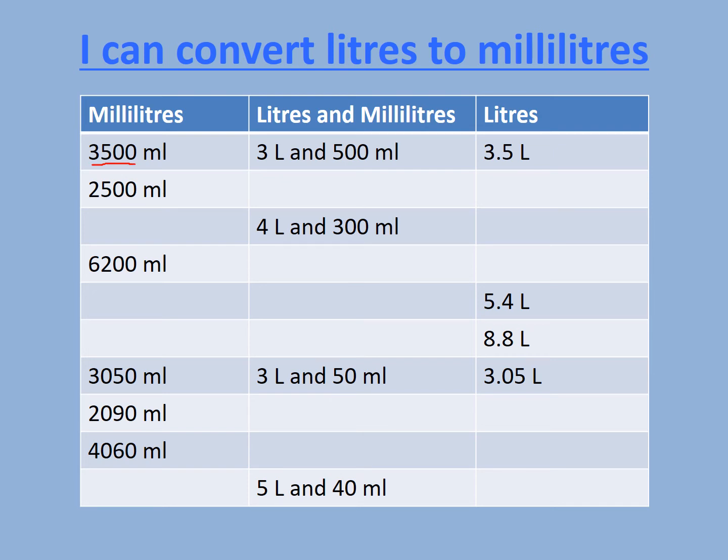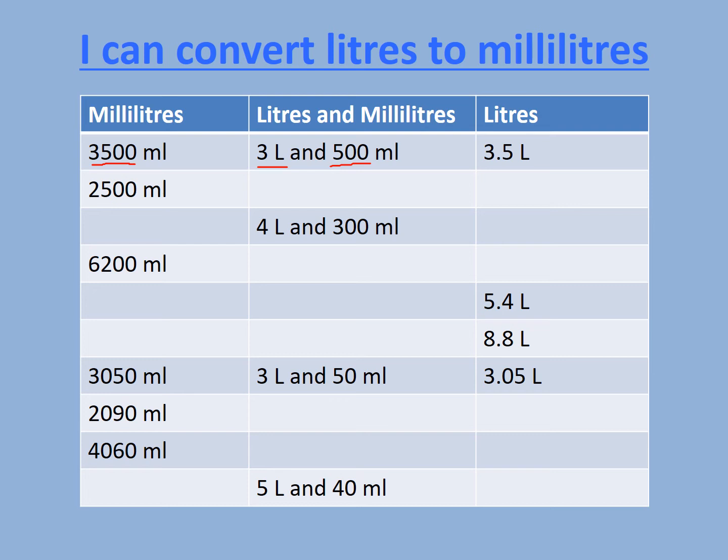How many liters are in 3,000 milliliters? We have 3 liters in 3,000 milliliters, which has been written here. And how many is left? 500 milliliters. So we have 3,500 milliliters, which will make how many liters? 3.5 liters.